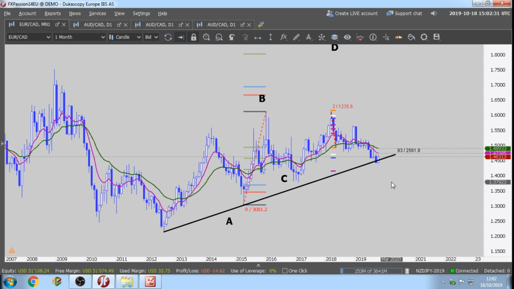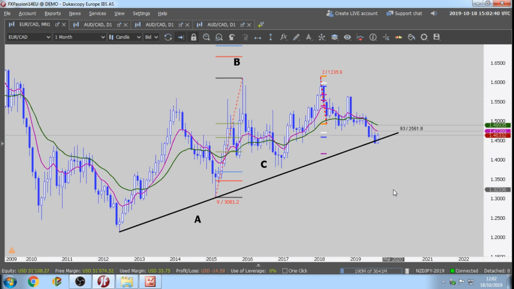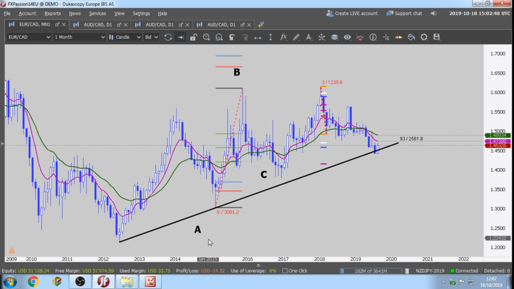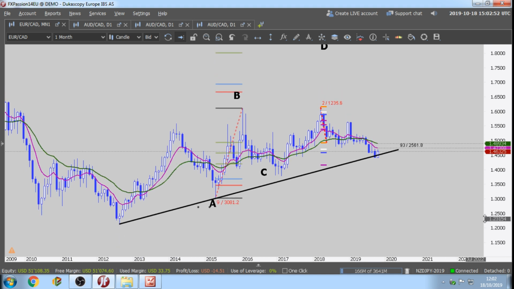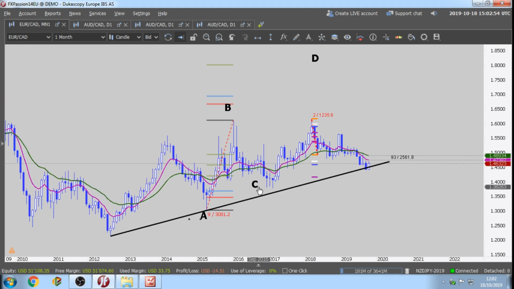EuroCAD is in an uptrend, Annie. Why not? Why is EuroCAD not in an uptrend? Everybody, is EuroCAD in an uptrend on the monthly chart or not? What do you think? And we have the original Fibonacci on EuroCAD, ABCD, right?